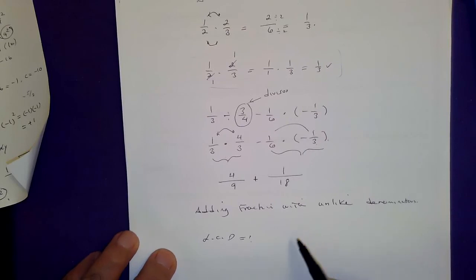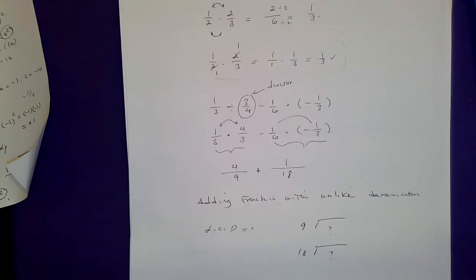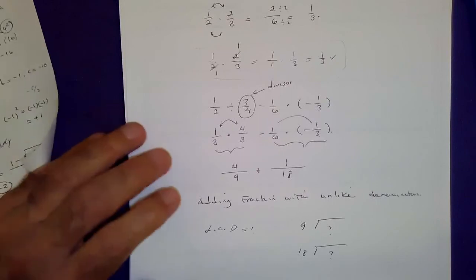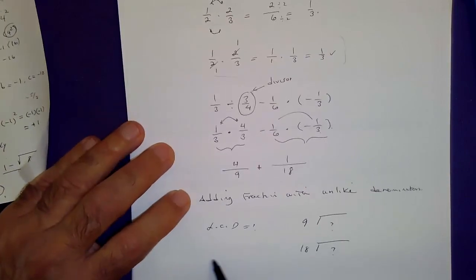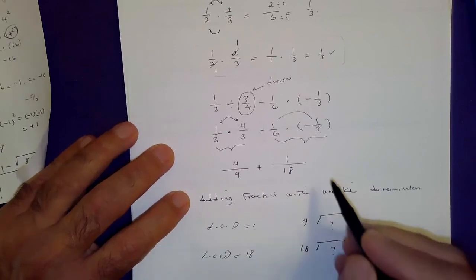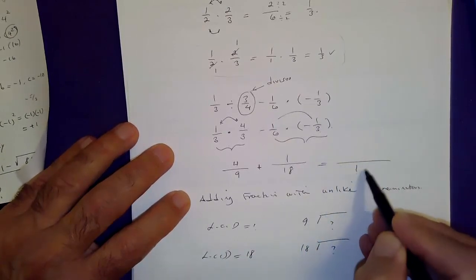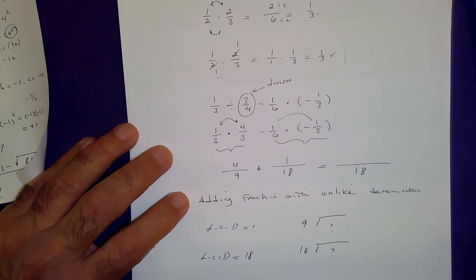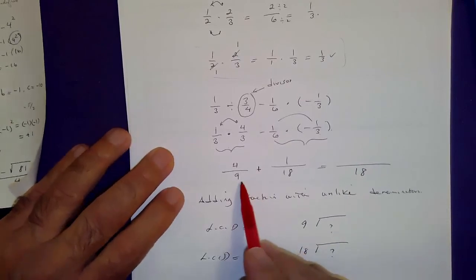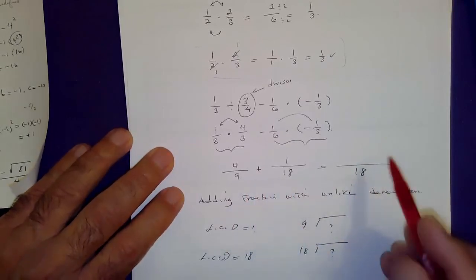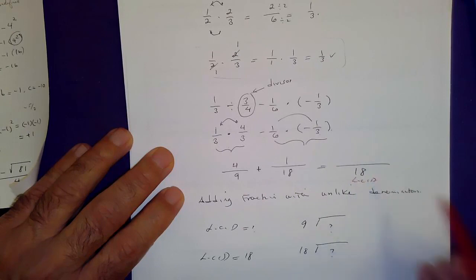The question is, give me the smallest number which 9 and 18 go into with no remainder. Well, it turns out the answer is 18. So you put the common denominator down, and now you force these denominators to look like the LCD. How do you do that?